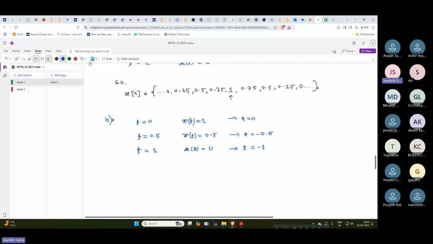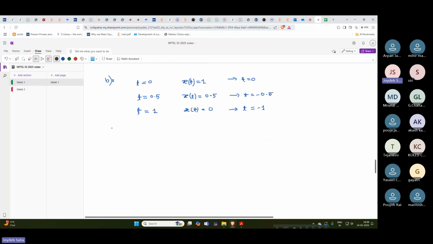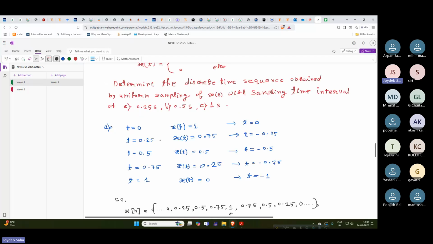So what will be the sequence? And any other value will be 0. Here it is given, right?